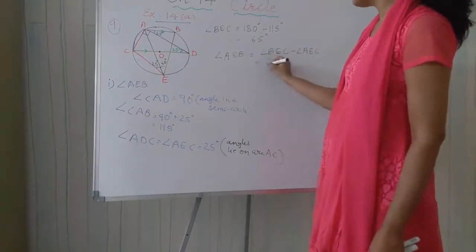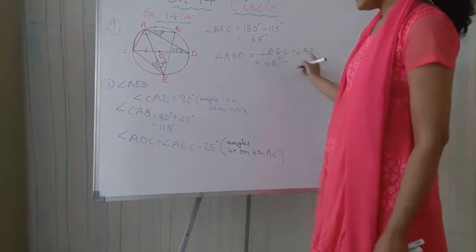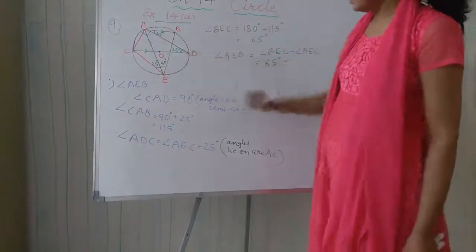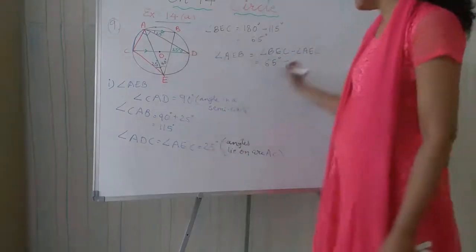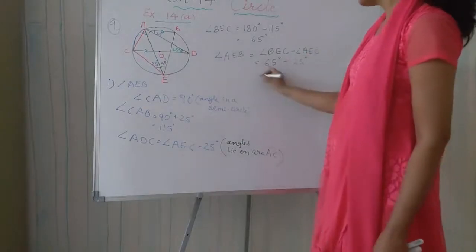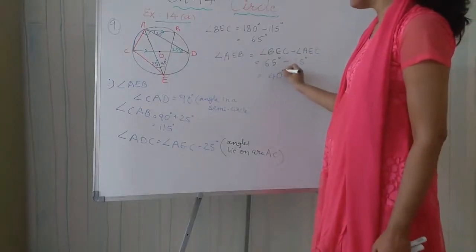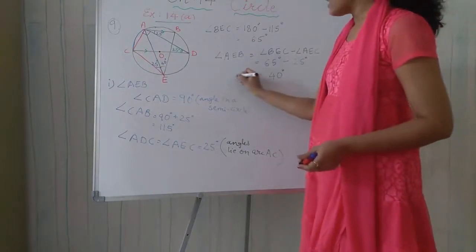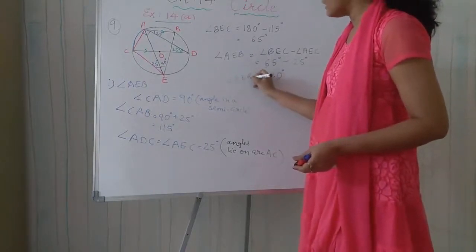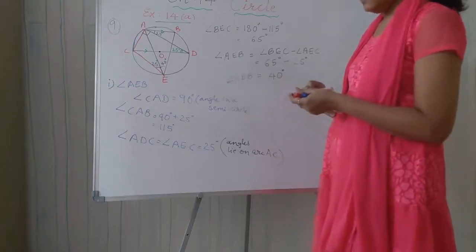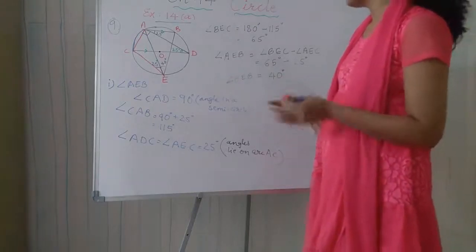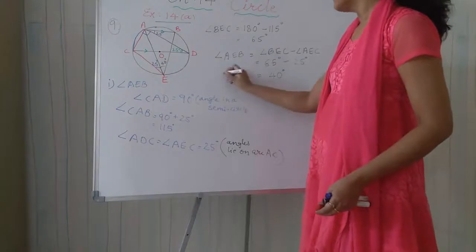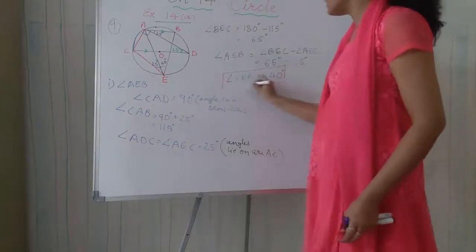So BEC is 65 and AEC is 25. Here AEC is 25 degree. So we get 40 degree, which is our final answer. They asked to get angle AEB and we found it. So I am writing here angle AEB is 40 degree.